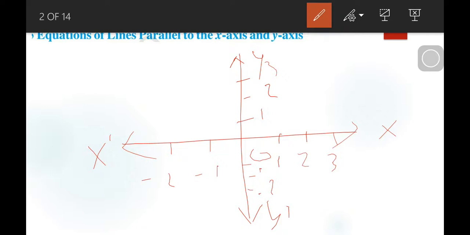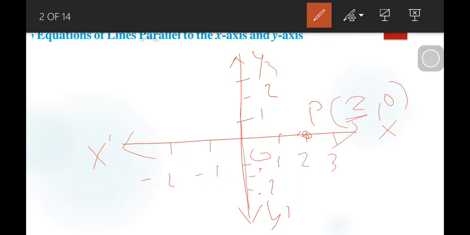Now if we put a point P here, its coordinates will be (2, 0). Why? Because 2 shows the distance from the y-axis.